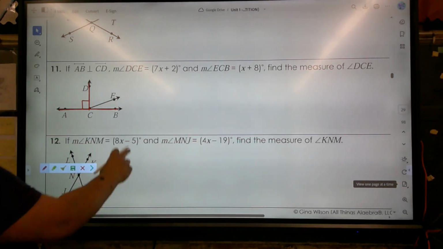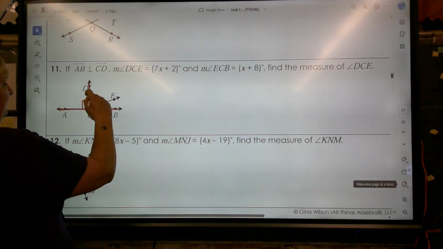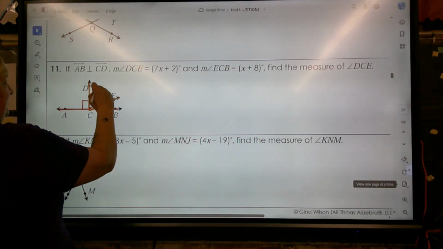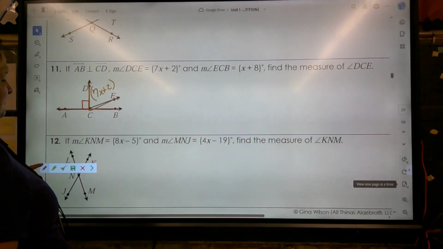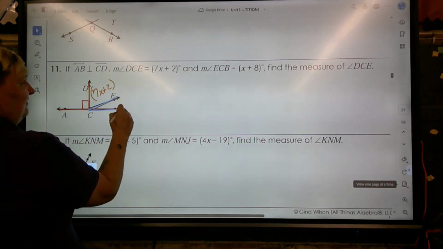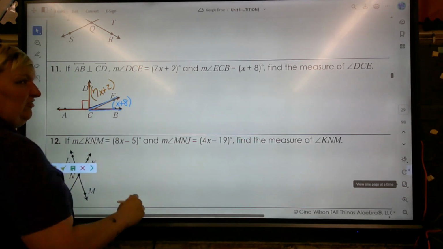If the measure of DCE, so now we're talking about this one, is 7x plus 2, and the measure of ECB is x plus 8. Write it all in the angles.